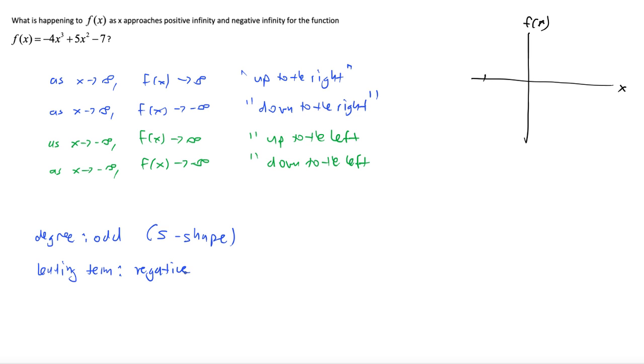So what does that mean for our end behavior then? We're going to go up and to the left and down and to the right. So you need to make sure you understand the connection between the polynomial being odd or even, and the difference, what happens when the leading term is positive or negative.